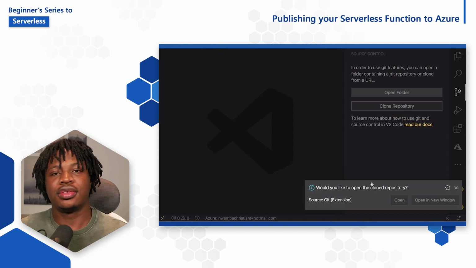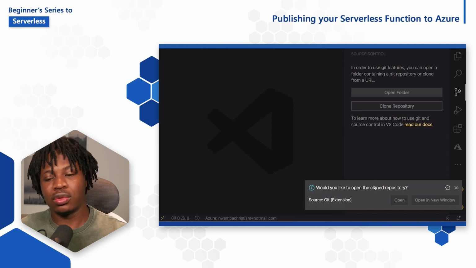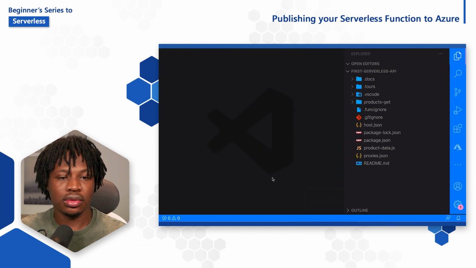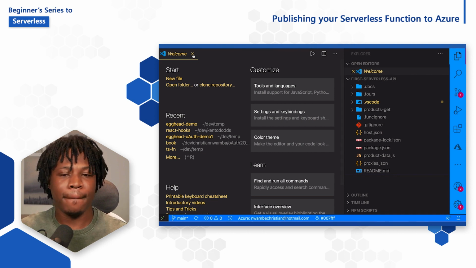Once you've done this, Visual Studio Code will ask whether you want to open this newly cloned repository in a new VS Code window or in this particular window. I'm going to go with this particular window. And as you can see, we have John Papa's repository set up for us to deploy.